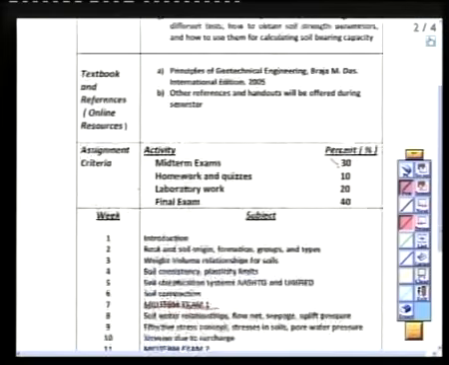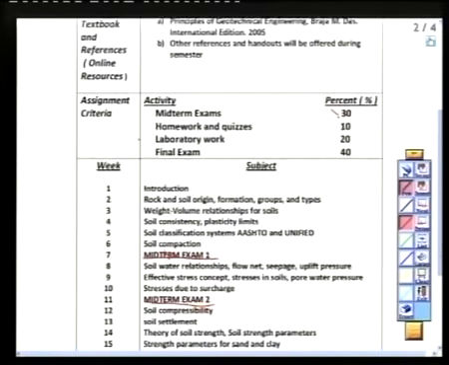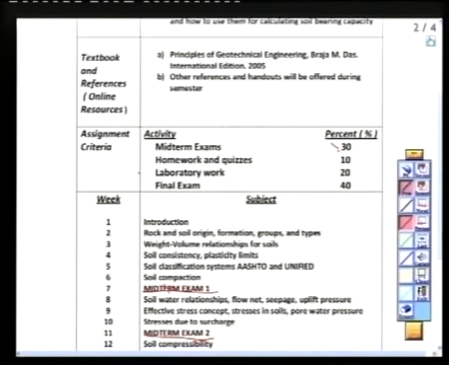Now the textbook is Principles of Geotechnical Engineering, you see? Please, this international edition, we will not use it. We will use the 5th edition, okay? It's available in the university and other libraries.